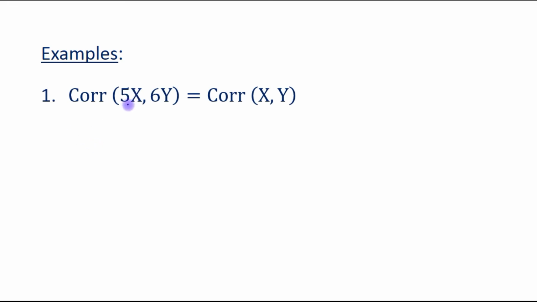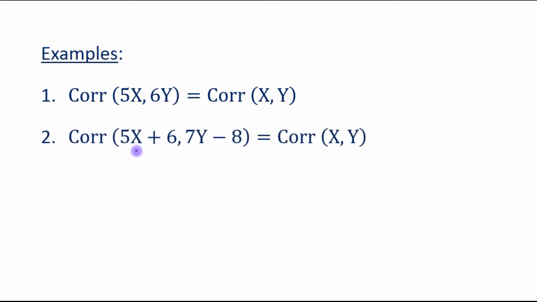Examples: correlation between 5x and 6y will be equal to correlation between x and y because both 5 and 6 are of same sign. Correlation between 5x plus 6 and 7y minus 8 equals correlation between x and y because again a and c both are of same sign.